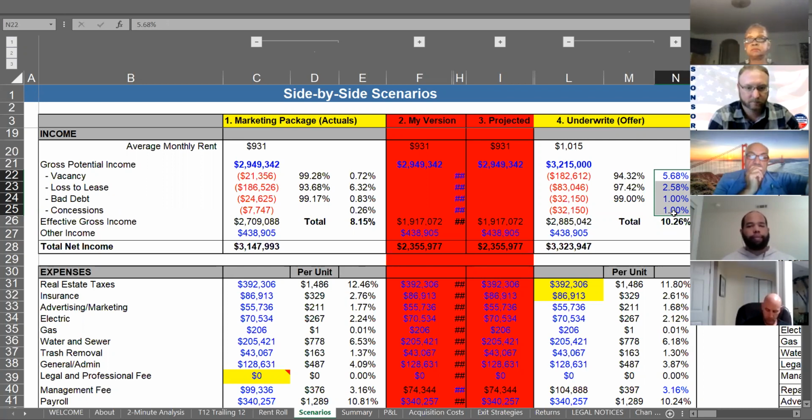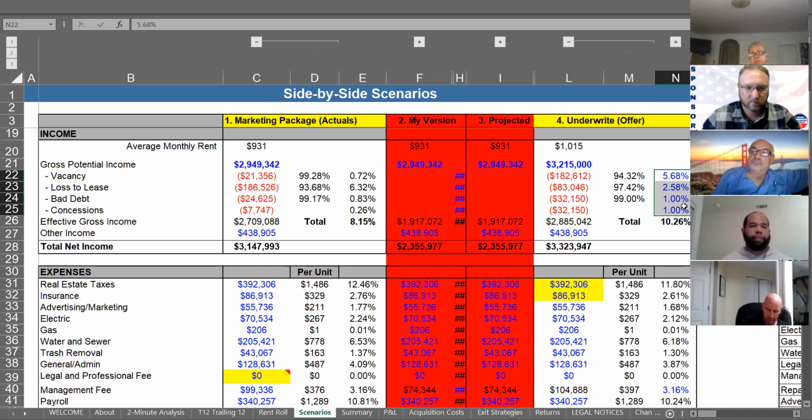So for now, this is a 10.26. Leave it. It's okay, because you're going to get these numbers verified too. But the total vacancy should be no less than 10%.